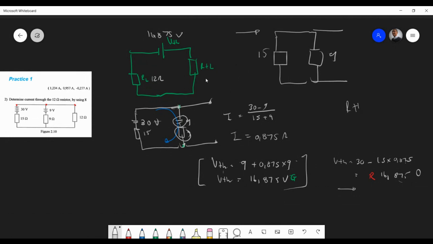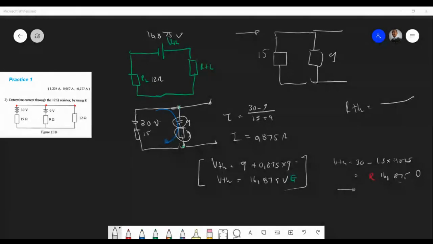What's my Thevenin resistance? So you guys burnt out. 5.625.